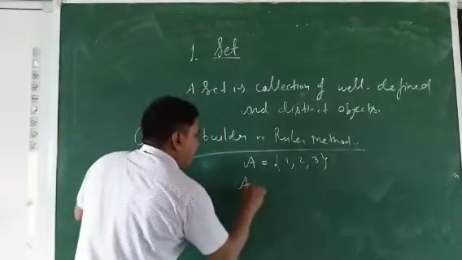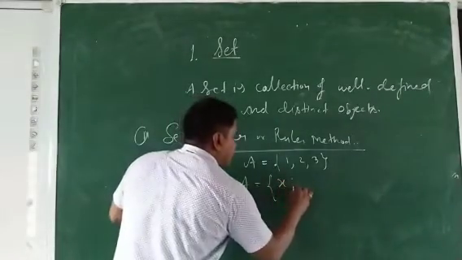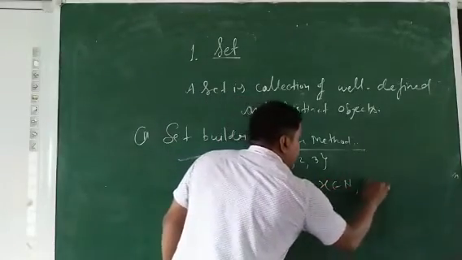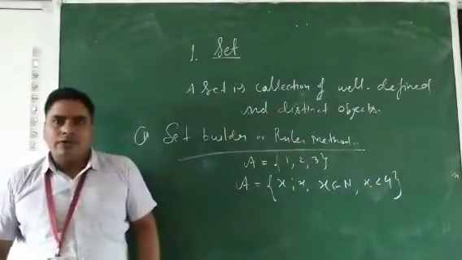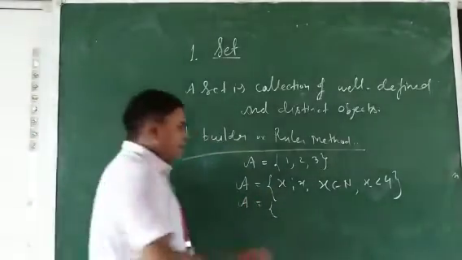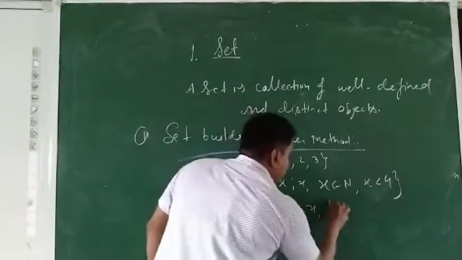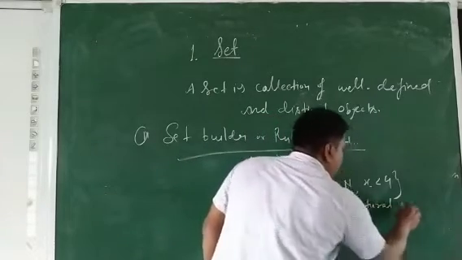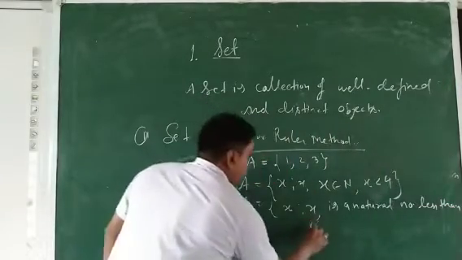See here, A is equal to {x : x belongs to natural numbers and x is less than 4}. You can use a general letter x. Either, we can also write this in statement form: x such that x is a natural number less than 4.